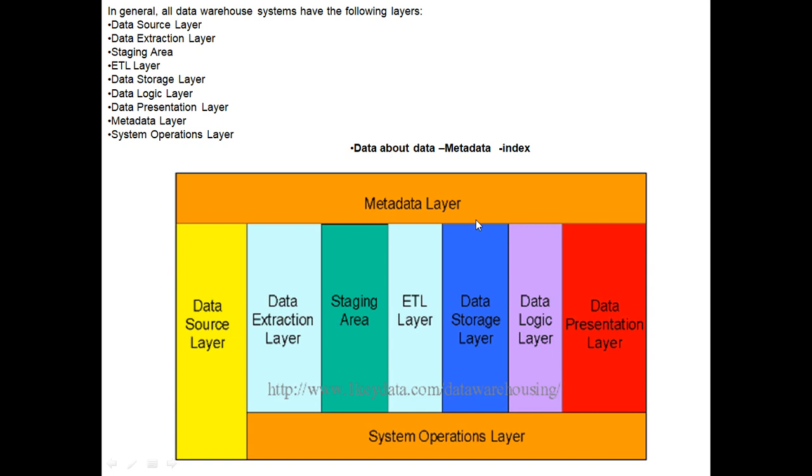Okay. So the metadata layer: metadata is nothing but data about data. So what is data about data? Say for example in your textbook, when you open it you have the index, where you have, for example, chapter 1, the lesson name and the page numbers where it is available.